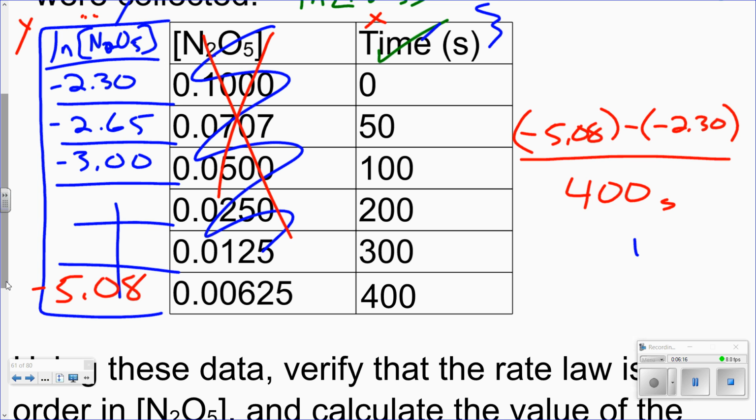So what we have here is negative 5.08 minus a negative 2.30. This is negative 2.78 over 400. And that's negative 0.00695.